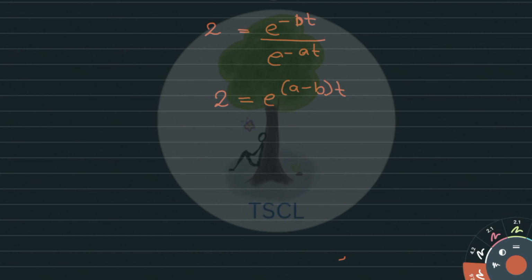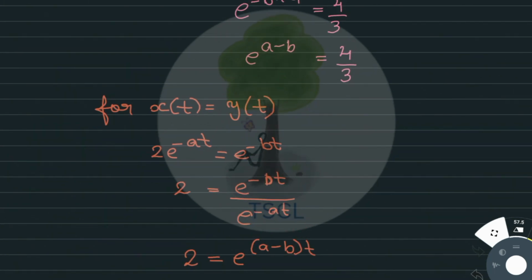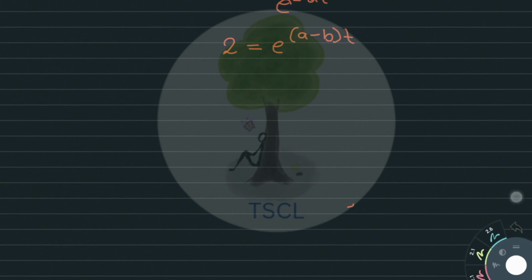We know that e raised to a minus b is given here. e raised to a minus b is 4 by 3. We'll substitute that here.